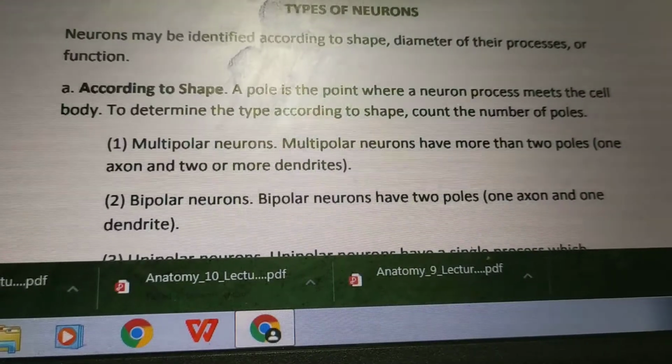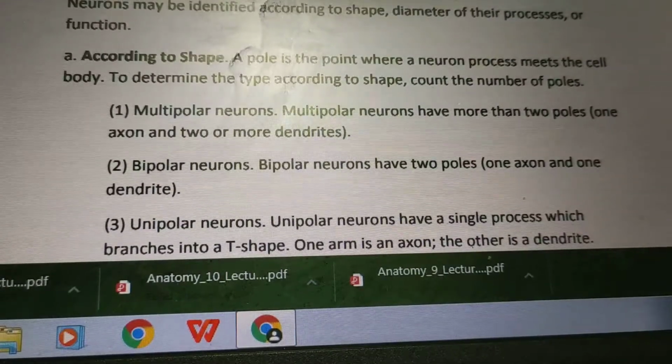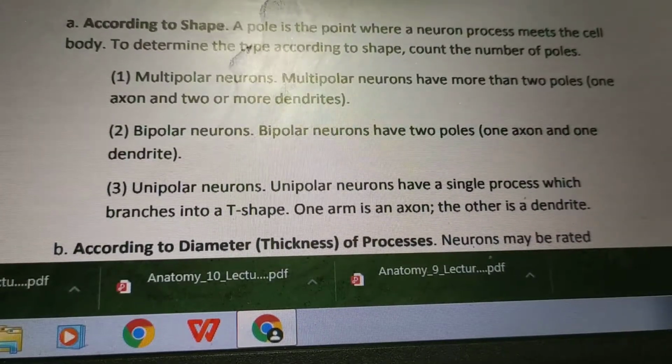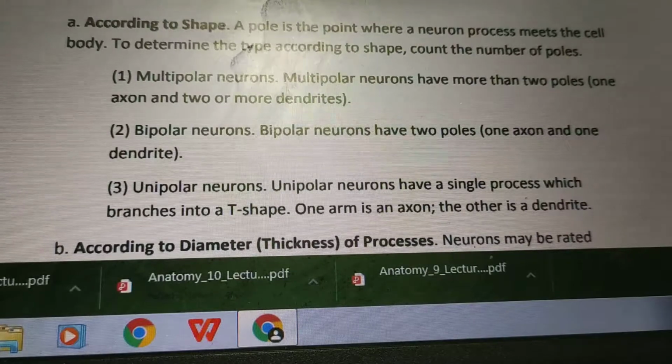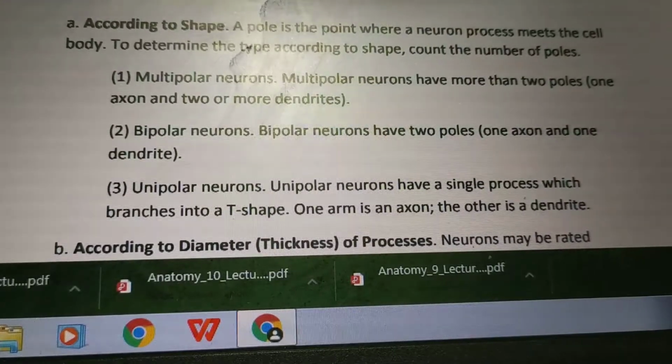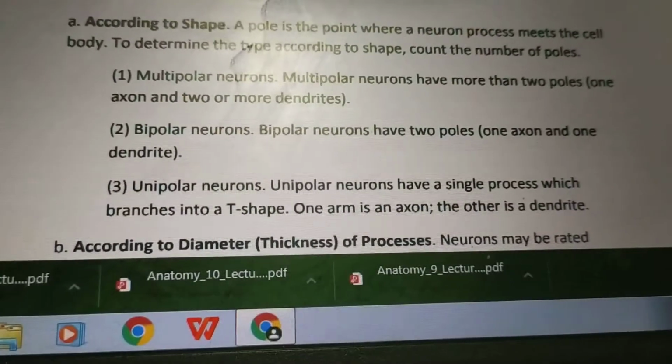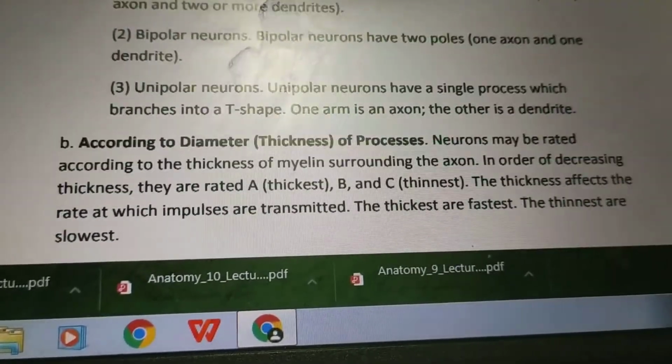Bipolar neurons have two poles: one axon, one dendrite. Unipolar neurons have a single process which branches into a T-shape. One arm is an axon, the other is a dendrite.